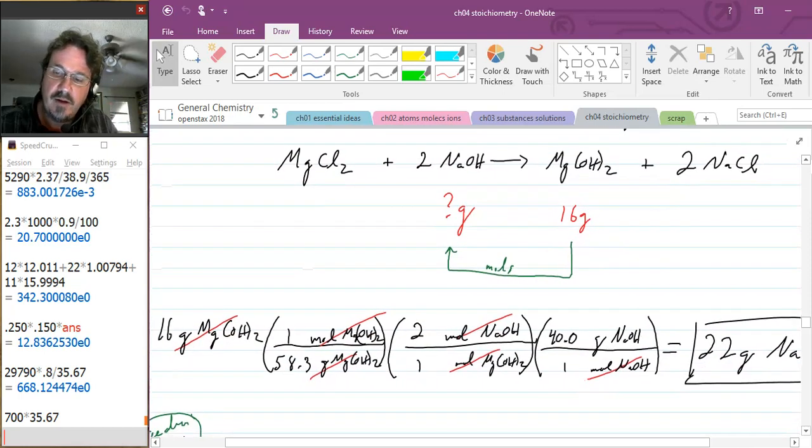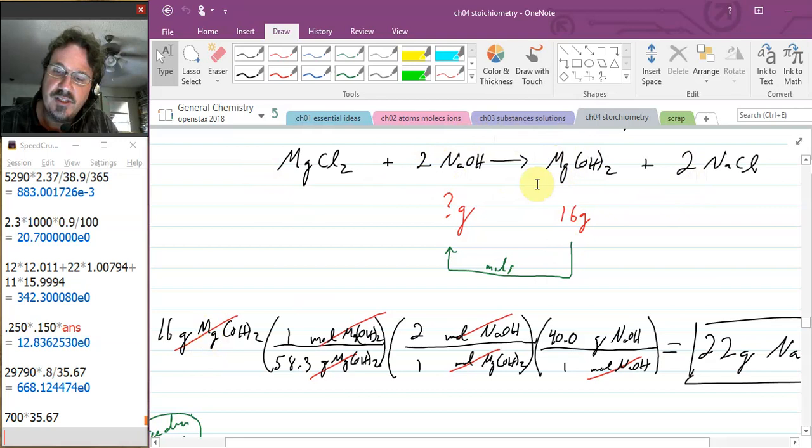Alright, so in my calculation down here, I started off with 16 grams of magnesium hydroxide. I want to go from magnesium hydroxide to sodium hydroxide, one thing to another in my balanced equation. However, these numbers out in front do not relate grams.